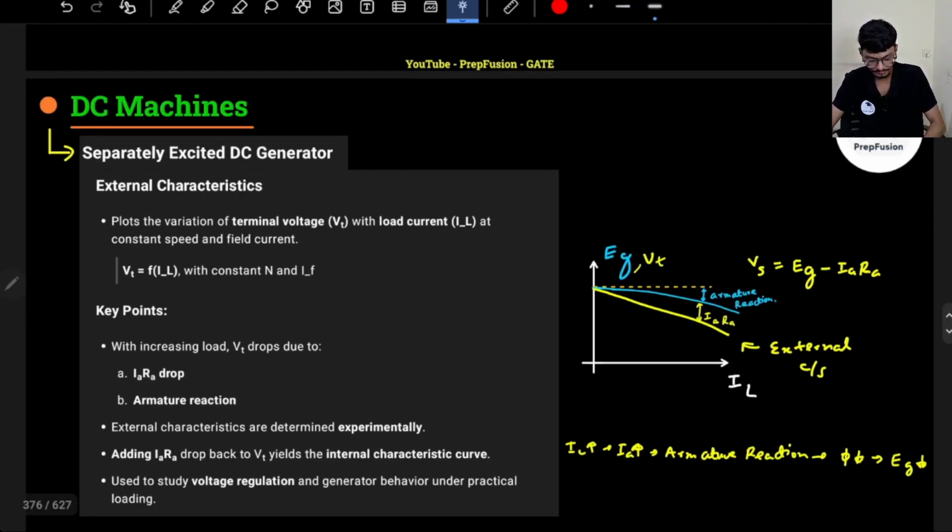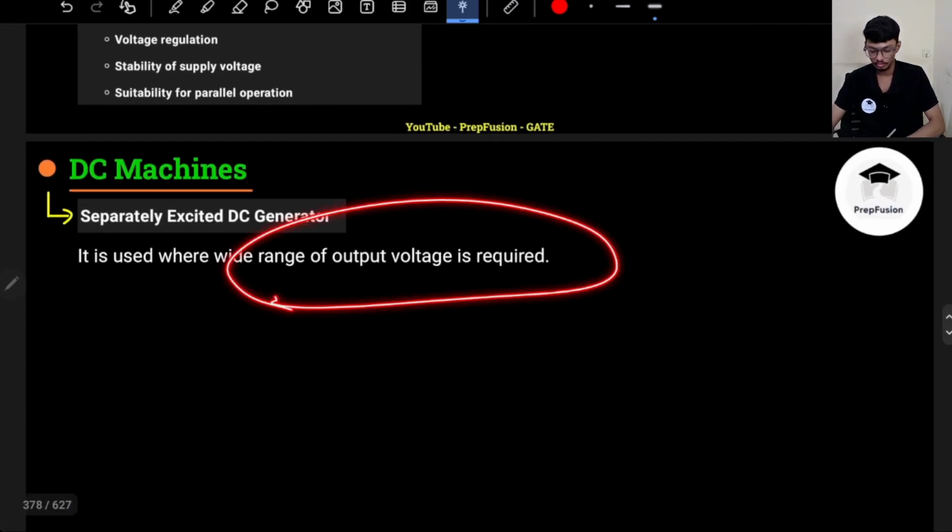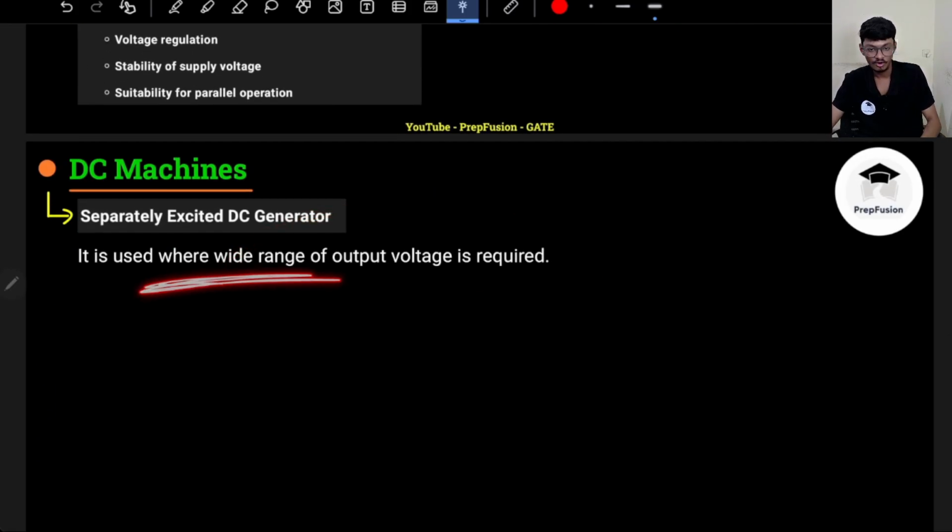Okay, so although here I am exaggerating, the drop will not be very high. Generally we use our separately excited machine where a wide range of output voltage is required.